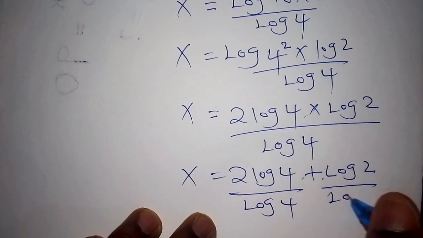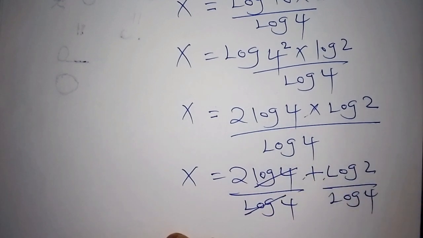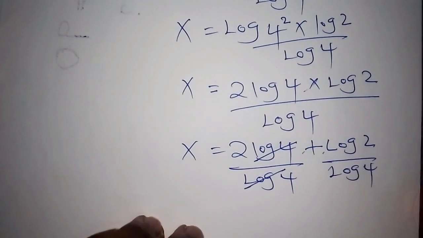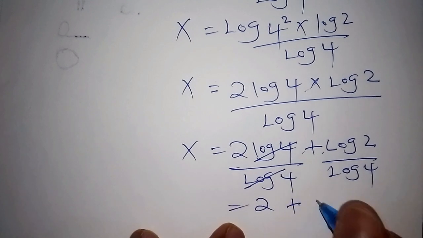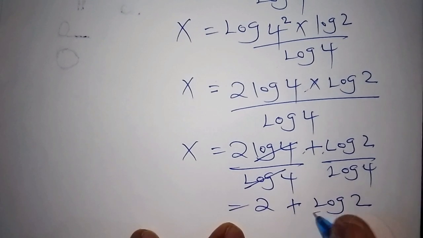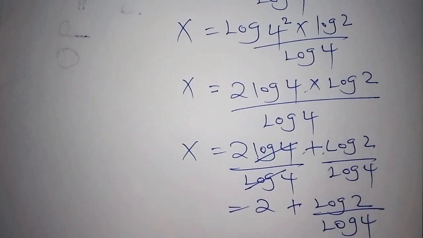This side shall also be divided by the log of 4. So now the log of 4 and the log of 4 cancel each other, and this goes to 2 plus the log of 2 all over the log of 4.